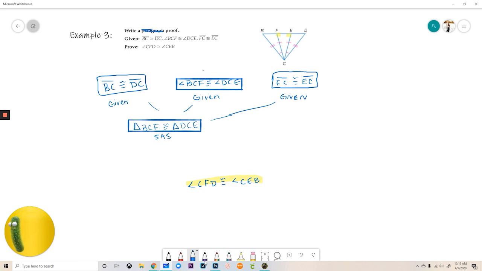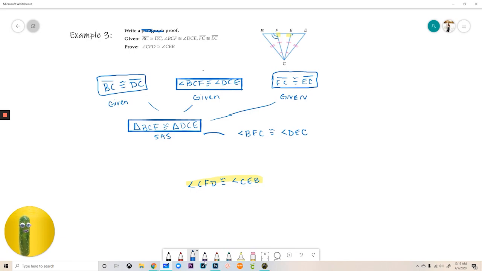Something else we can go off of, and this might take a little bit more, let me gather my thoughts here. We can see that angle BFC is going to be congruent to DEC. And stick with me here, you might not see, I'm going through some processes.